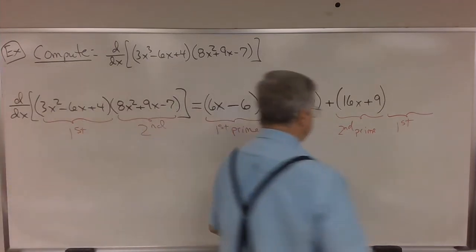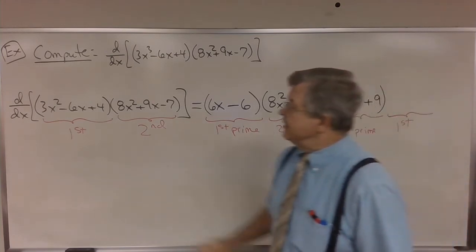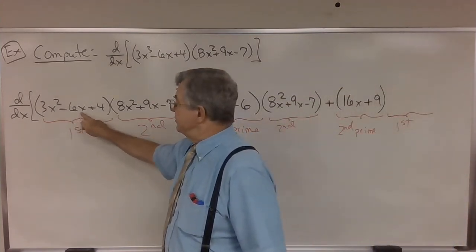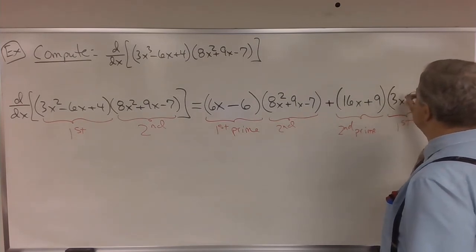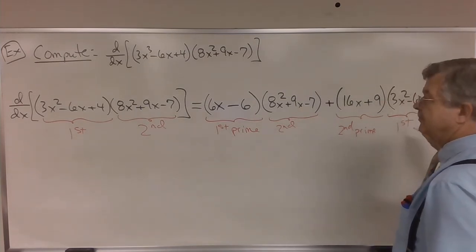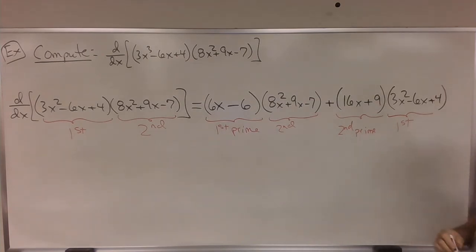So that brings us here. What we need to do to complete this is just write down the first function verbatim. 3x squared minus 6x plus 4. And we are done.